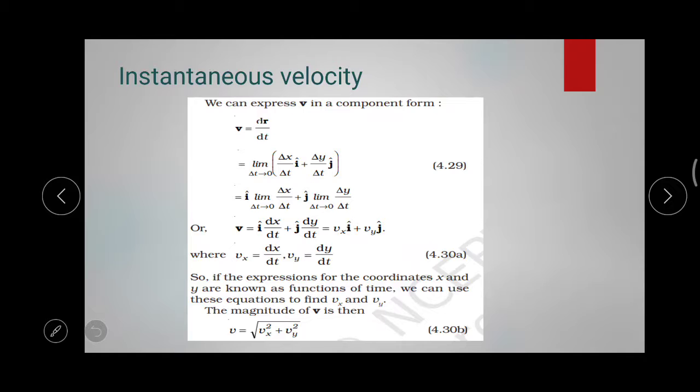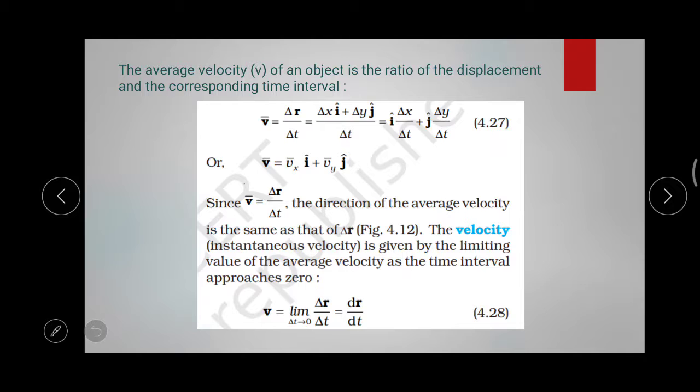We have obtained v is equal to dr by dt from the limit delta t tends to 0, delta r by delta t, which we discussed in the last class. So dr by dt is the instantaneous velocity.